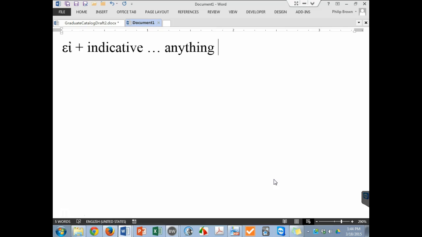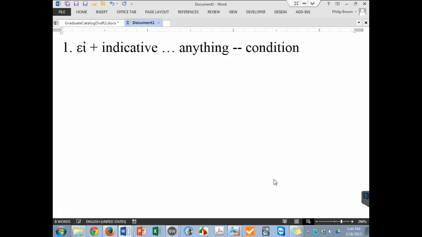This is called first class condition because I think it's the most frequent. And here we have the condition assumed true for the sake of argument.